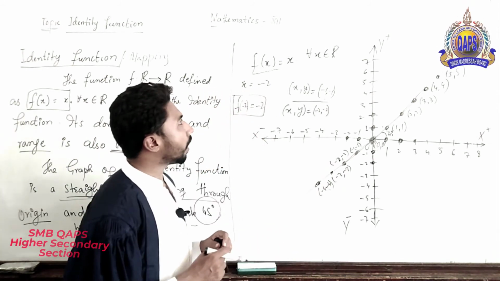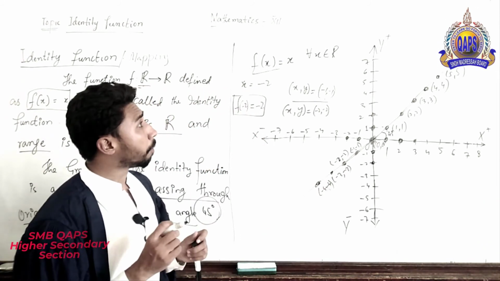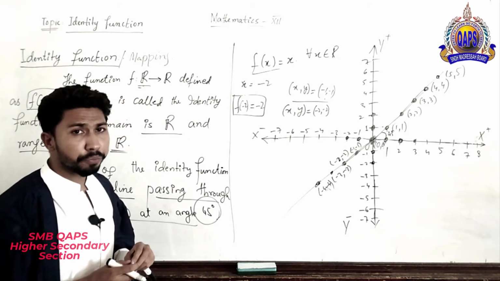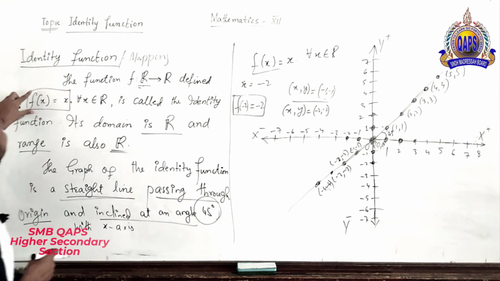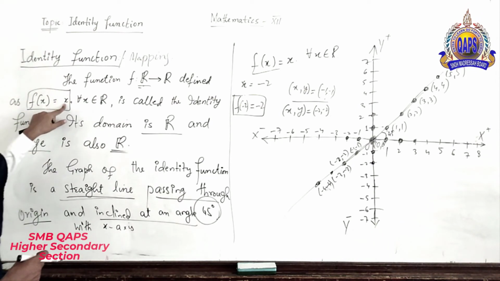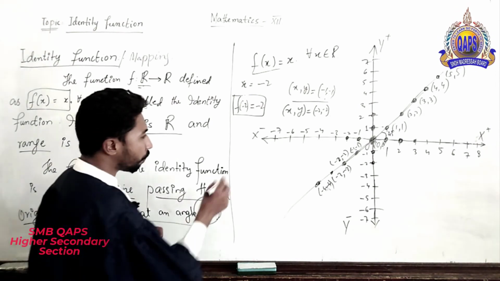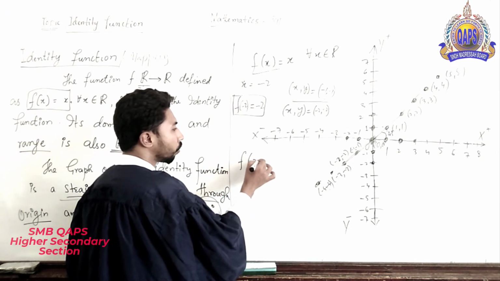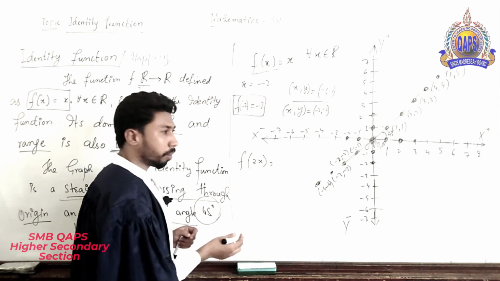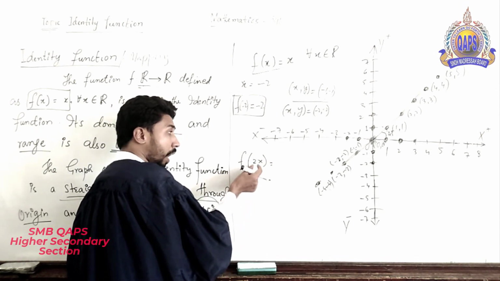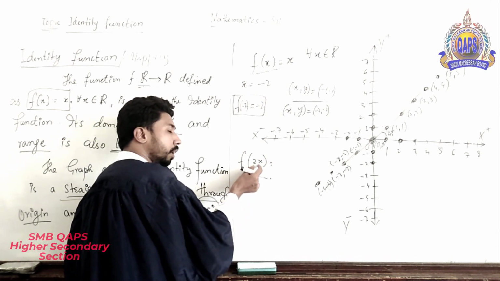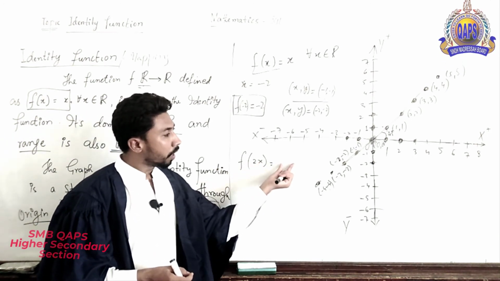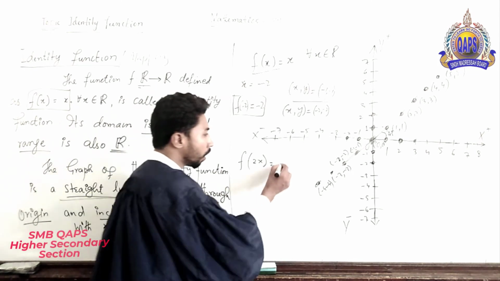So you can solve any example, but the main thing in this definition is that for the identity function, f of x must be equal to x. Let's suppose we put f of x equal to 2x, then what will be the outcome? If the independent variable is 2x, then the function is also 2x.